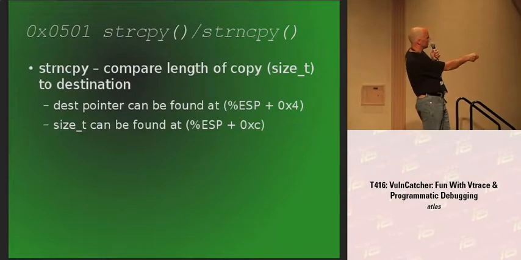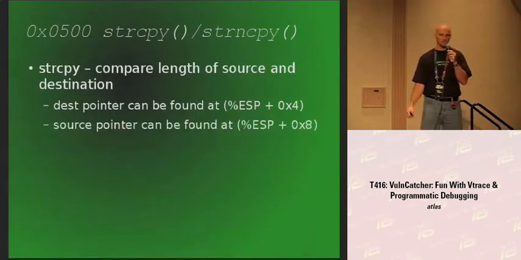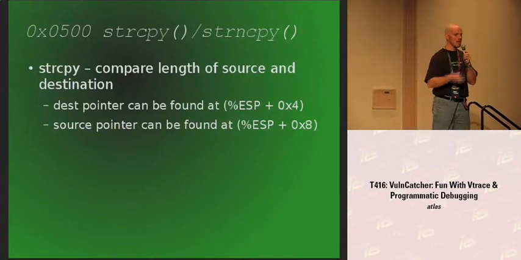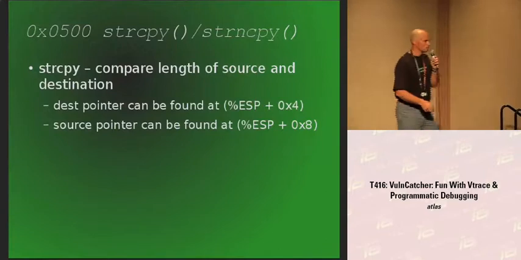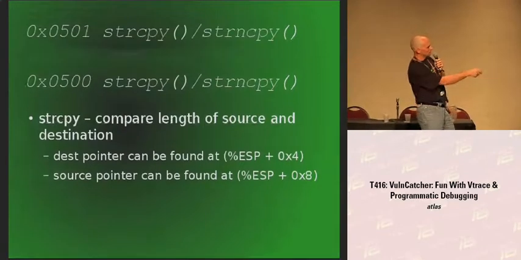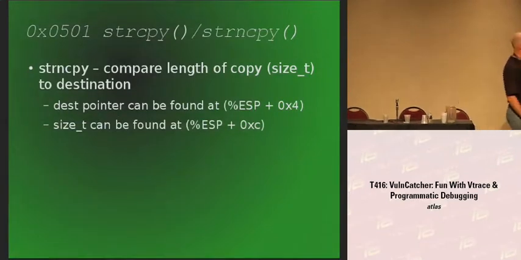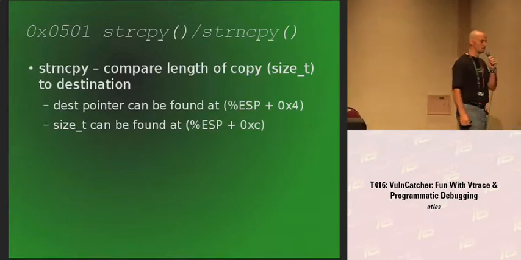Strcpy, we check the destination pointer and the source pointer. We do the same calculations that we talked about for memcpy by getting a size. How long do we need to make this overwrite? And by the way, did it make it? Write your code, find out. Strncpy, well, we do the destination pointer and source pointer, but then we take size and we make sure that it limits it appropriately.